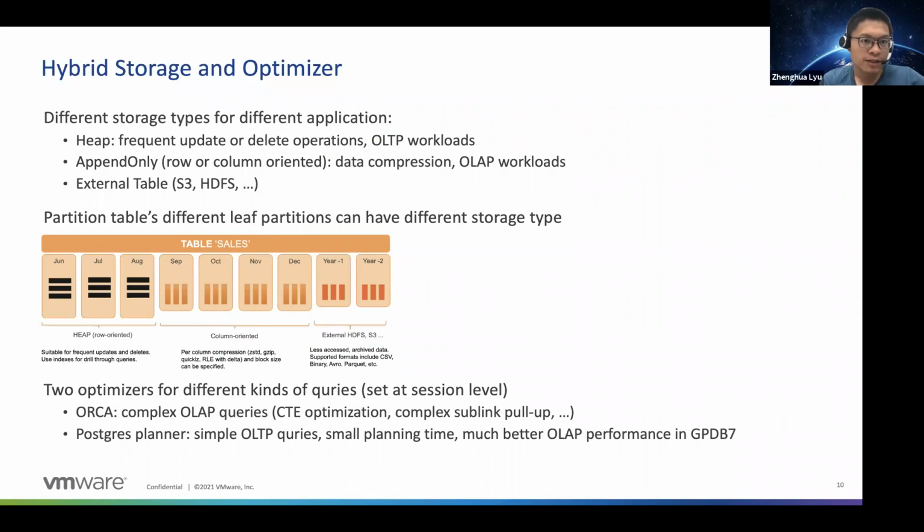Append-only storage, either row or column-oriented, can support data compression to save a lot of space. Thus, they are useful for OLAP workloads. Users can also choose external tables such as S3 or HDFS to save the less accessed data.